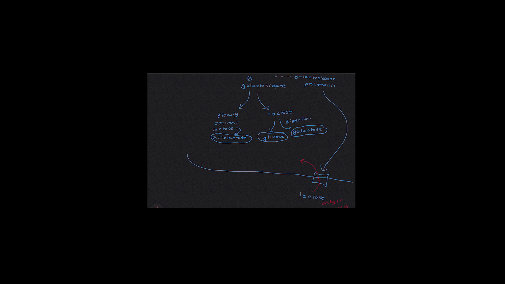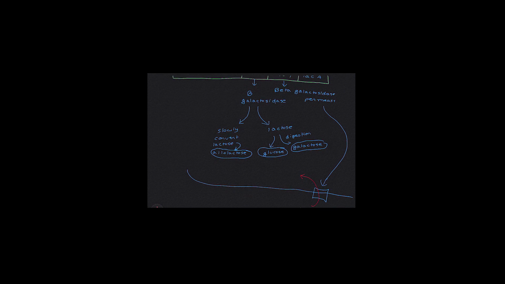Now, once this lactose slowly enters the inside of a bacterium cell, the small amount of beta galactosidase present will convert our lactose into allolactose. Now this allolactose will begin its function.